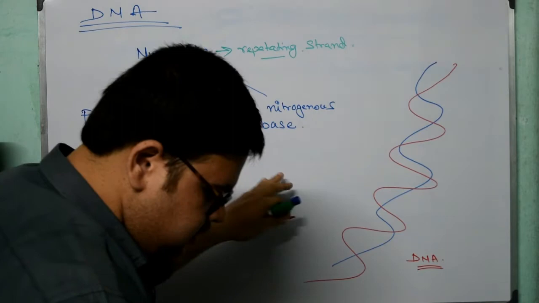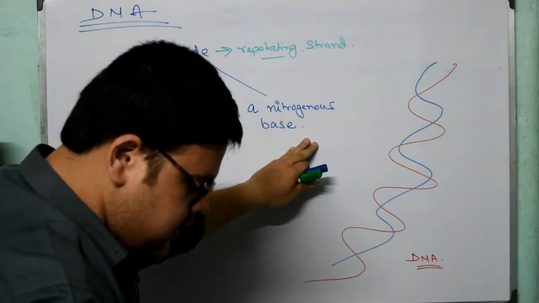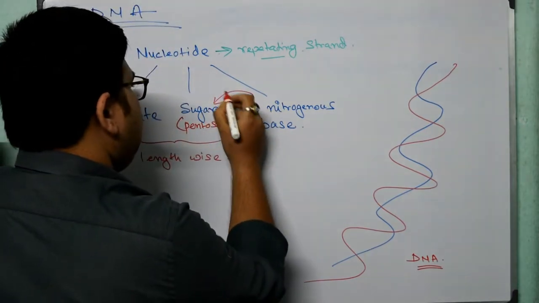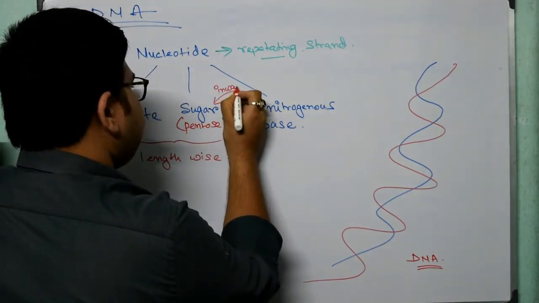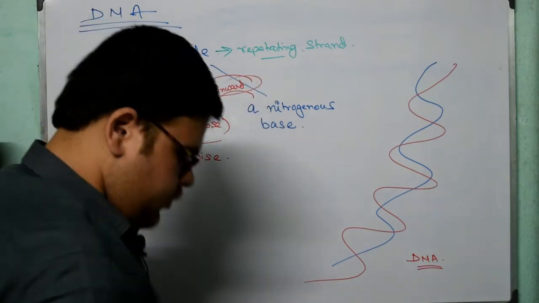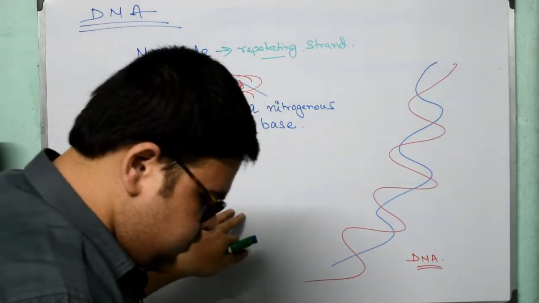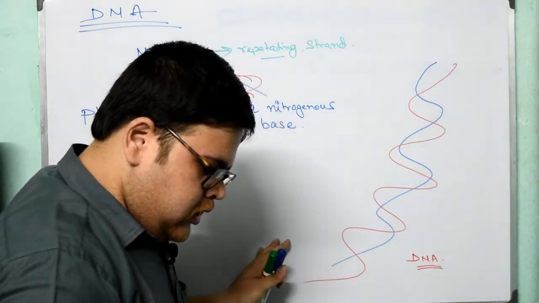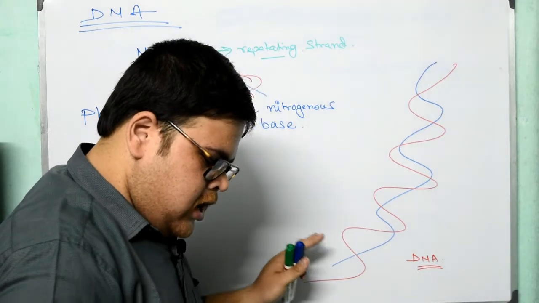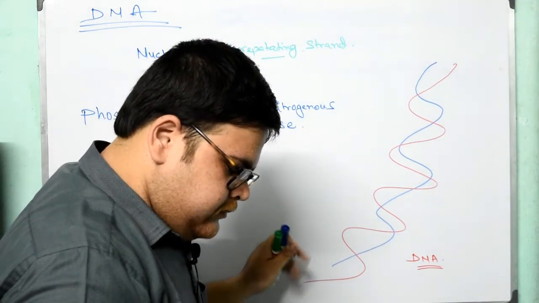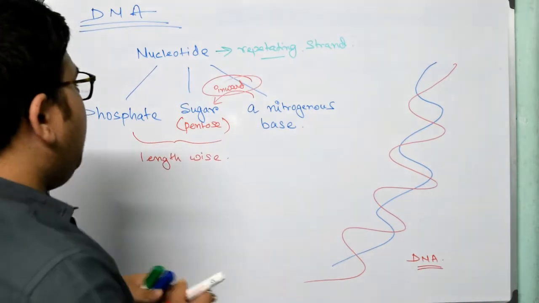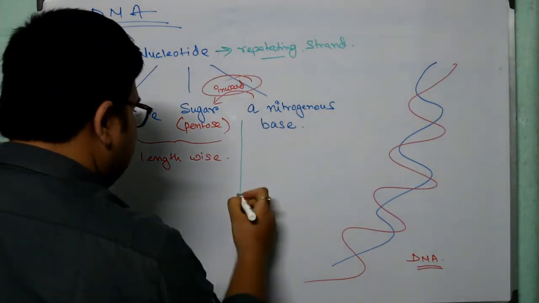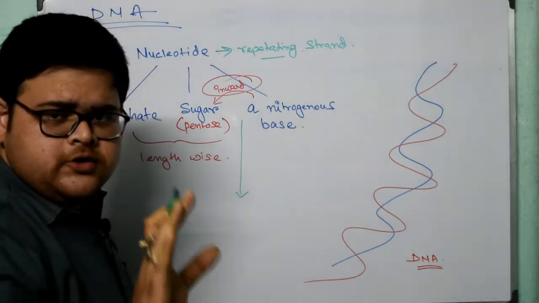And a nitrogenous base is attached to the sugar inward, which extends to join by a hydrogen bond the complementary nitrogen base from the other strand. Thus, these two are joined by a hydrogen bond. I hope you all know about hydrogen bonds. What are they?